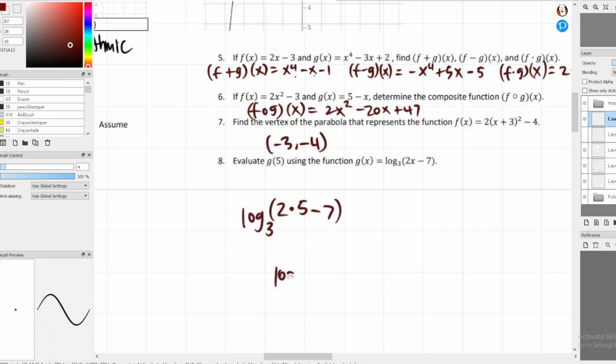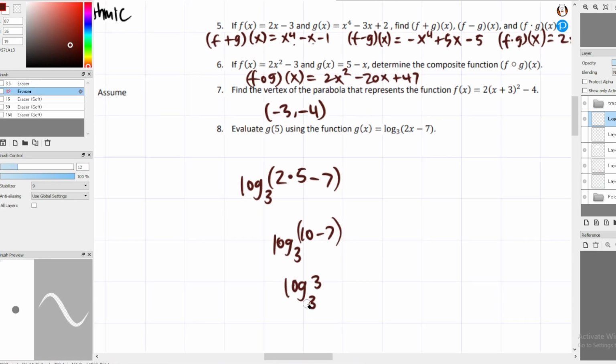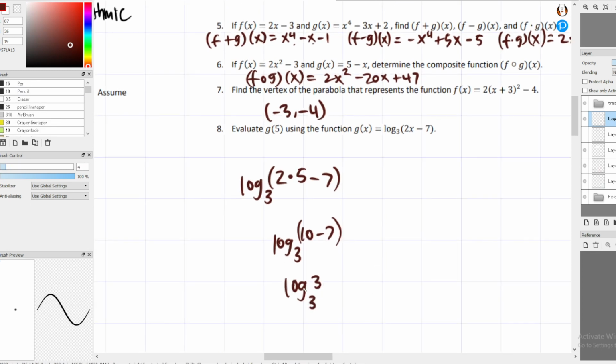So we'll get log base 3 of 10 minus 7. 10 minus 7 is 3, so we get log base 3 of 3. Now, one of our log properties means that if you have a log with a base, and an inside that's a 3 by itself, or that has an exponent, we can't have like 3 plus 4 or whatever on the inside, it has to be by itself, that can erase into 1.